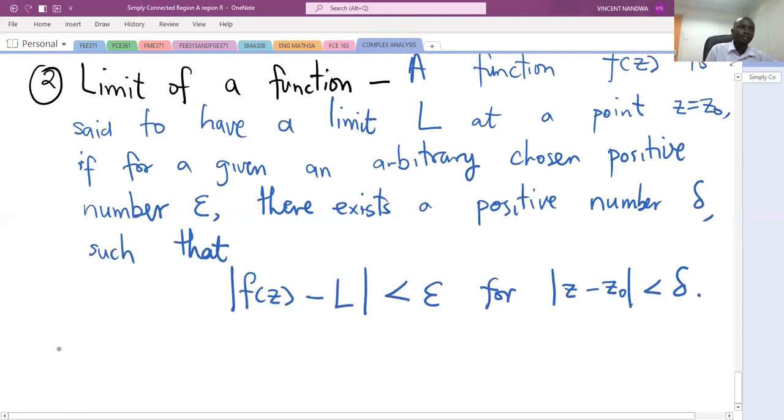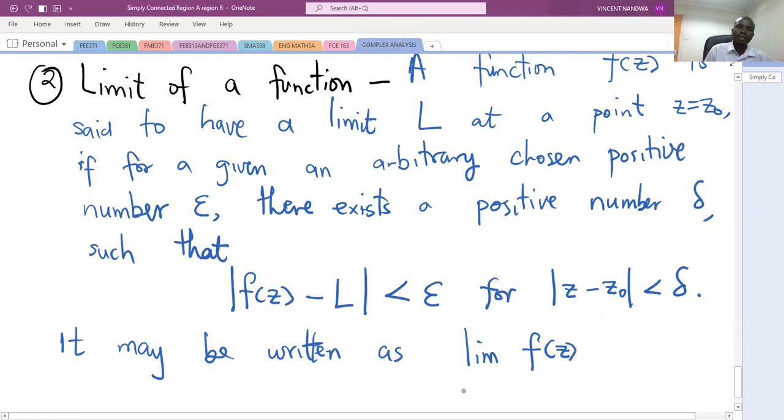And we write this as lim f of z, or limit of f of z, as z approaches z naught is given by the number L. So that's how we define the limit of a function f of z of a complex variable.